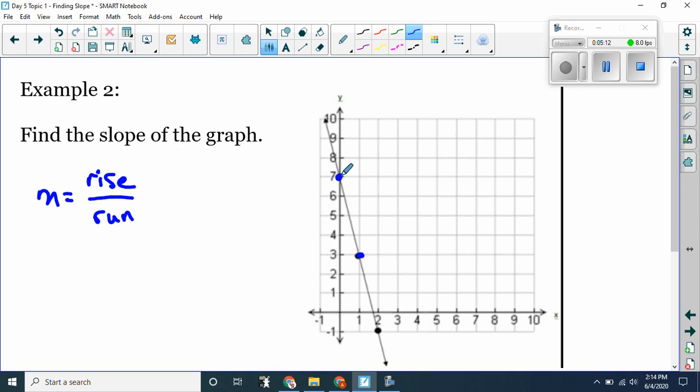So my rise, I am going down, so my rise is negative 1, 2, 3, 4. So negative 4, and my run is over 1. And I went to the right one, so it is positive. Negative 4 divided by 1 is just negative 4. I have a slope of negative 4.